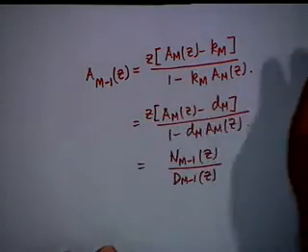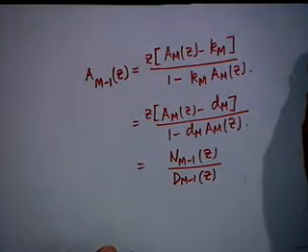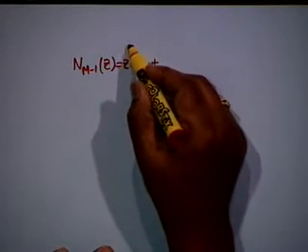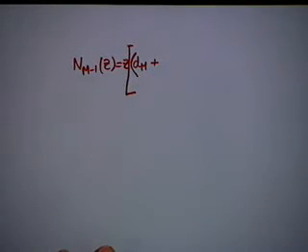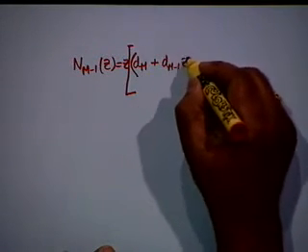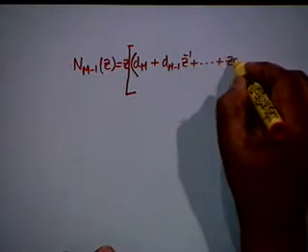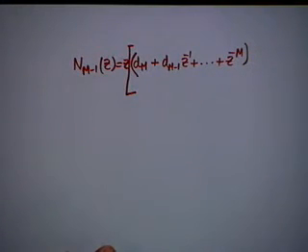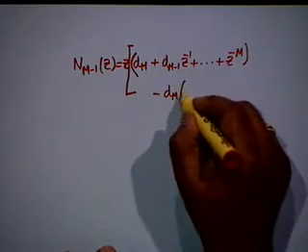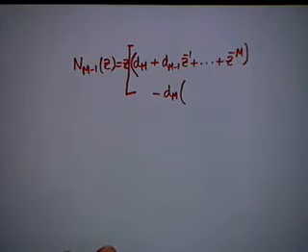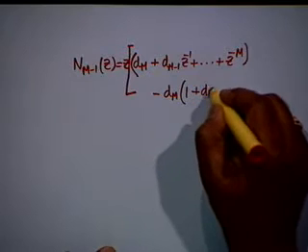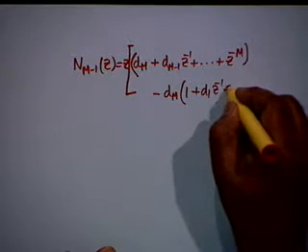Numerator of Am(z) minus dm is multiplied by z. Therefore, N_{m-1} shall be equal to z times the numerator of Am(z), dm plus d_{m-1} z inverse plus etc. plus z to the minus m, minus dm multiplied by the denominator of Am, which is 1 plus d1 z inverse plus etc.